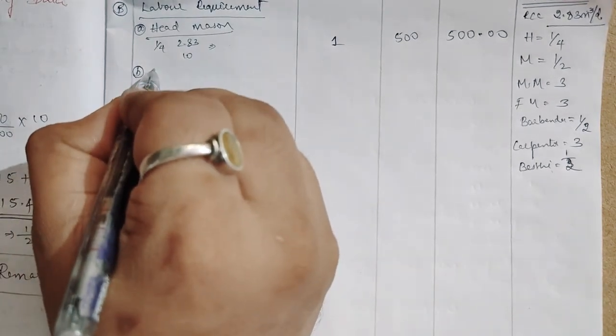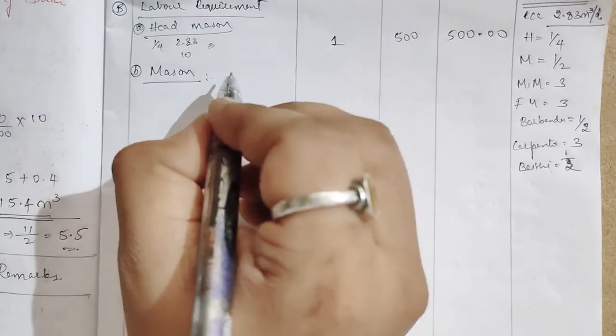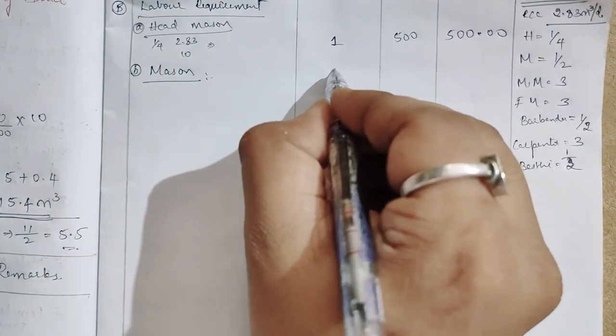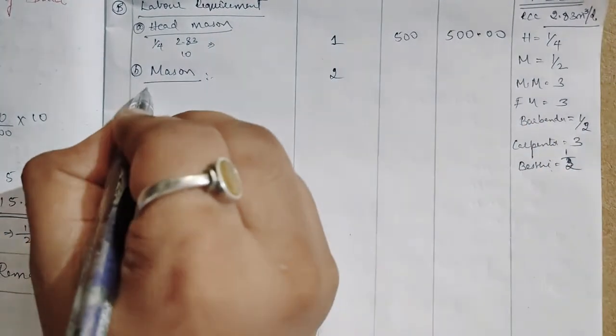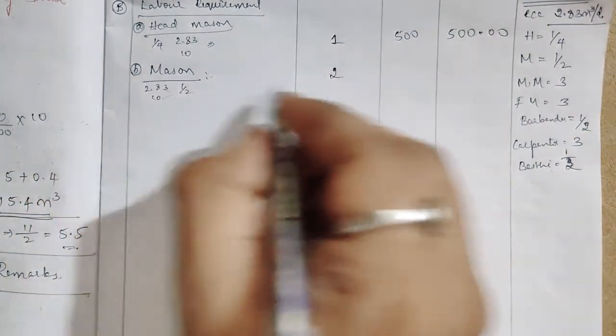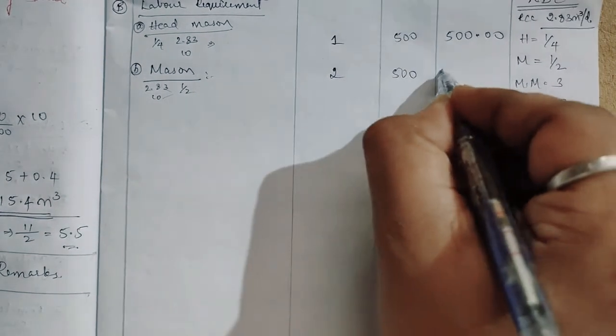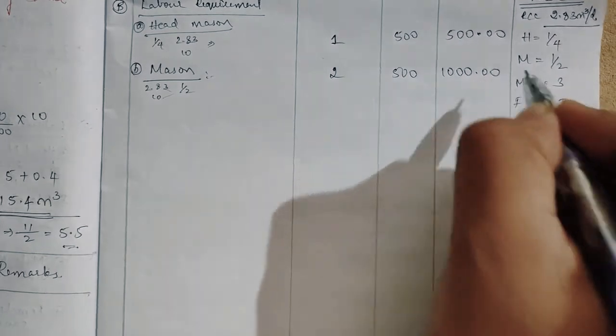Now next is mason. I'll not do the calculation now, I'll take directly 2.83 is half, 10 you multiply, you will get 5, so 500, it will be 1000.